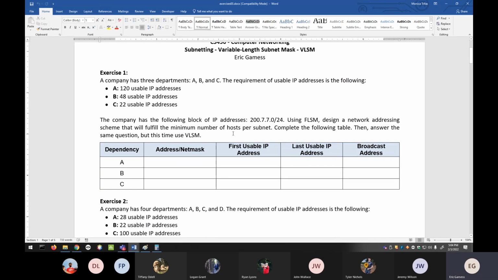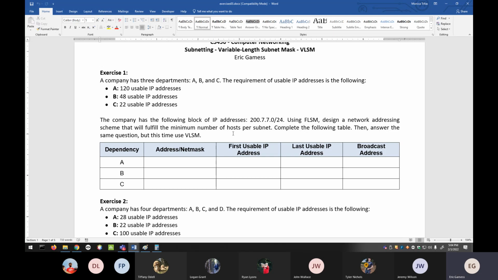A company has 3 departments: Department A, Department B, and Department C. The requirement for valid IP addresses or usable IP addresses or host IP addresses is the following.